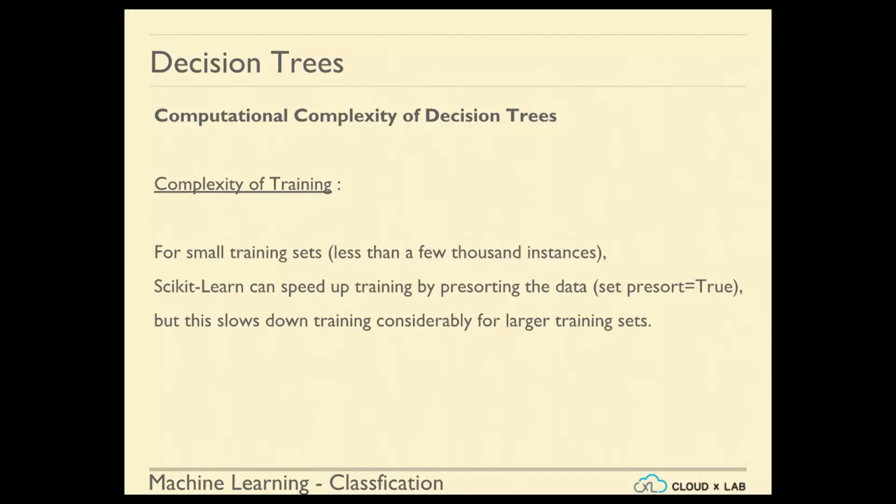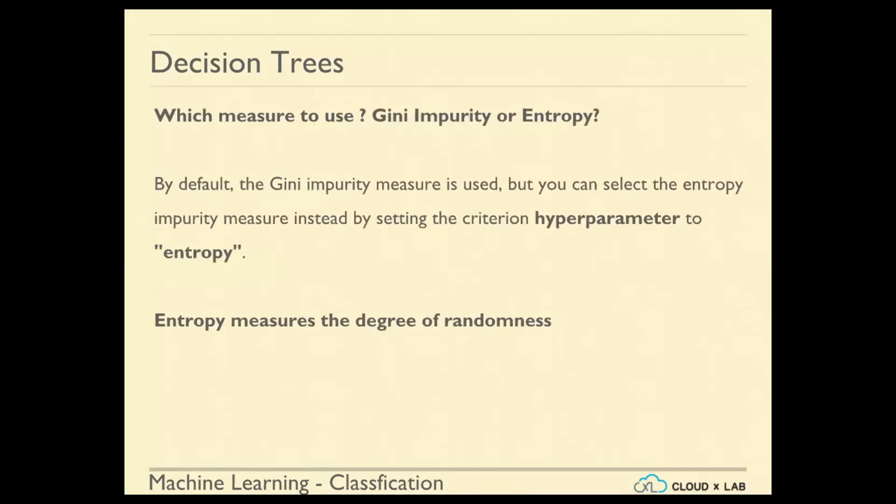But it will slow down training considerably for a large training set, since we upfront sort the data before training, and the sorting itself might take a lot of time.